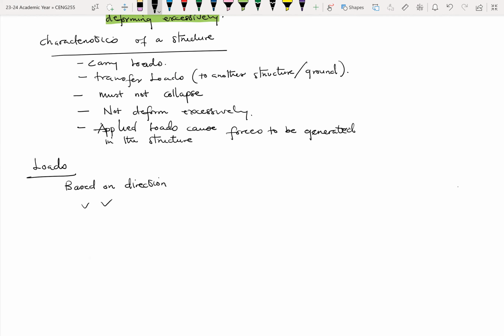We can also categorize them based on how the loads are distributed, and also based on duration, how long the load stays on the structure. Some of them will definitely overlap others, but normally you find these subdivisions in terms of how loads are categorized.